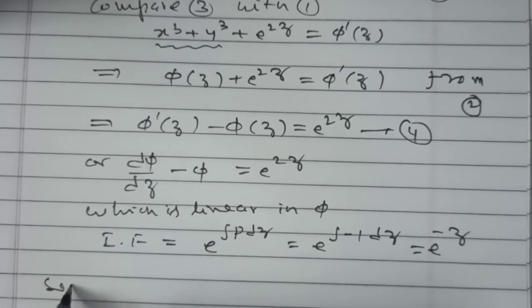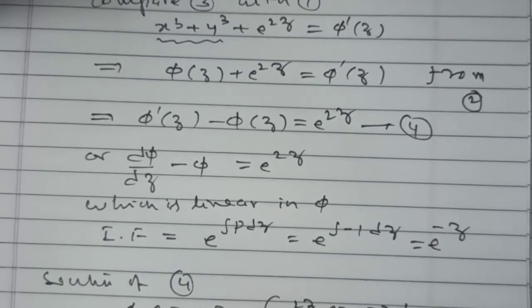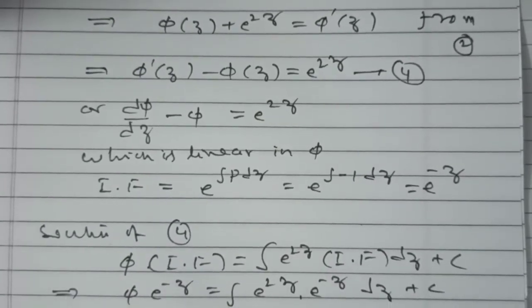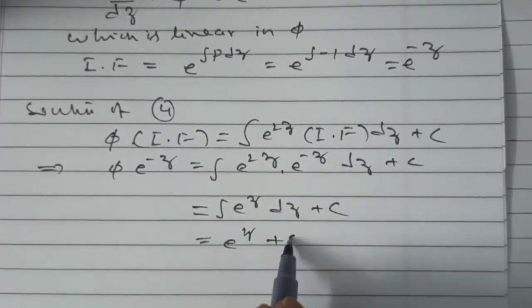Next, the solution of 4: phi into IF is equal to integral of Q, the right side, into IF dz plus c. This implies phi e power minus z is equal to integral e power 2z into e power minus z dz plus c, which is integral e power z dz plus c, is equal to e power z plus c.